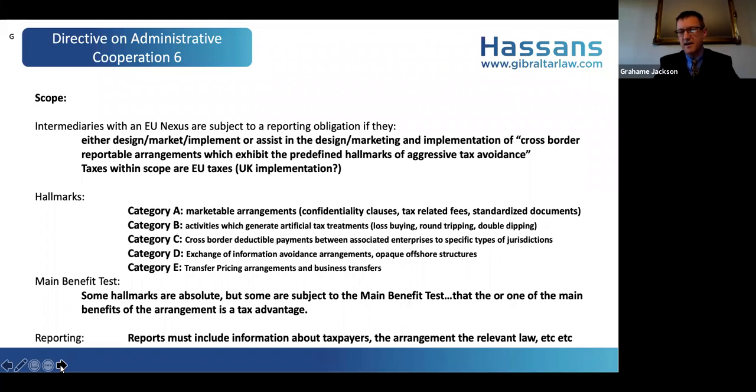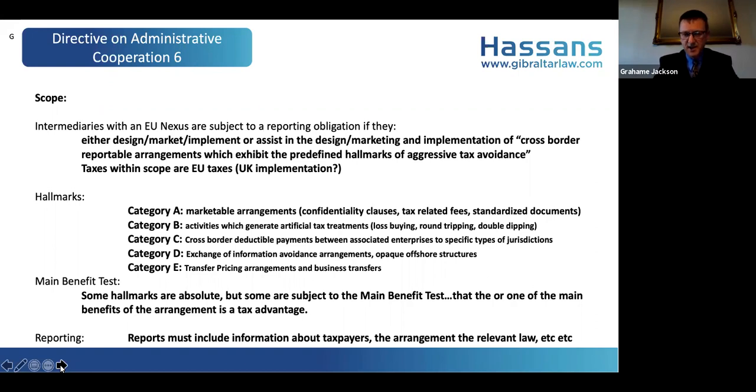So DAC6 is an extension of the Directive on Administrative Cooperation, which is the basic framework document which allows the tax authorities around Europe to interact, exchange information and share documentation about taxpayers.